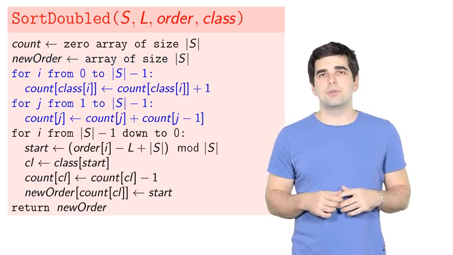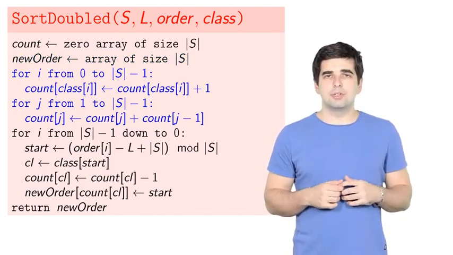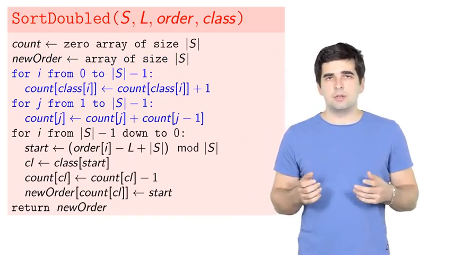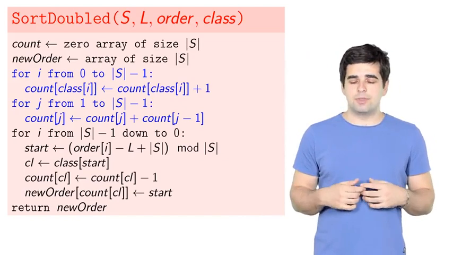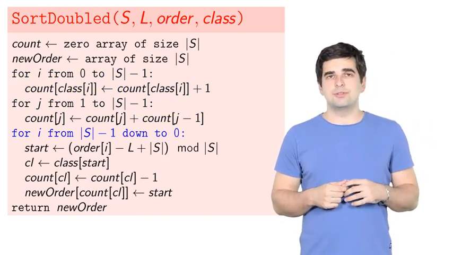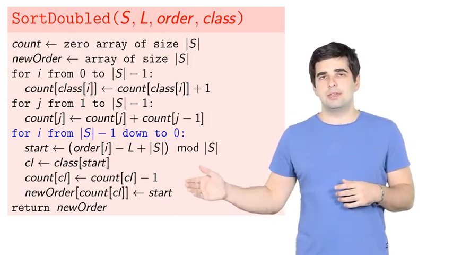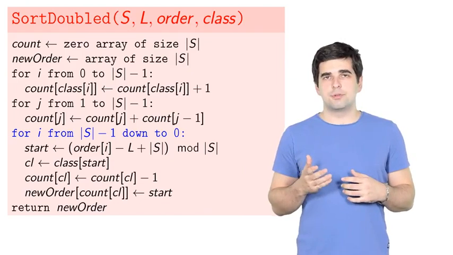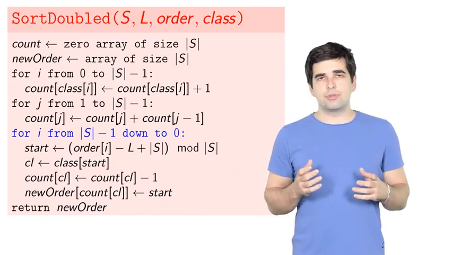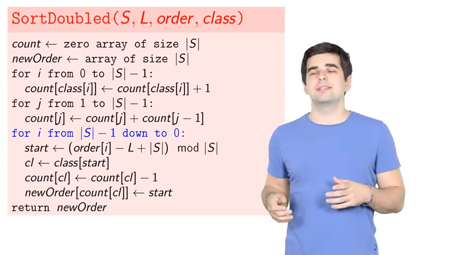And so to compare Ci prime with Cj prime, it's sufficient to separately compare Ci with Cj and Ci plus L with Cj plus L. And we already know the order of the cyclic shifts of length L. So instead of comparing them directly, we can just look in the array of their order and determine which one is before which one, and that one is going to be smaller or the same as the other one.